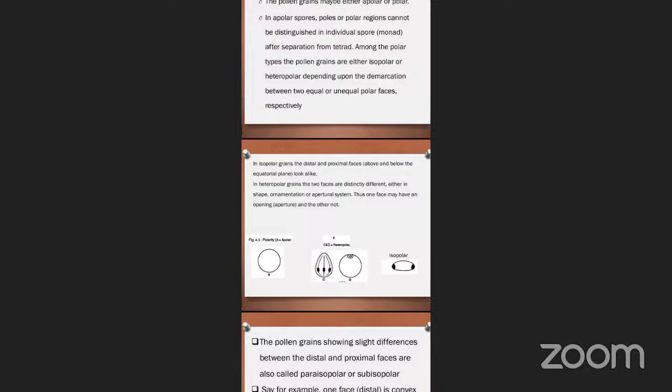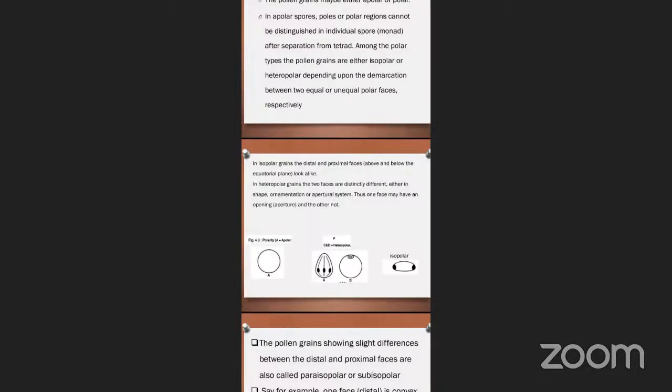If we see here, the first one is apolar. In apolar, there is no proximal and distal pole. In heteropolar, if you see here, this is the distal pole. In the distal pole, one aperture mark is present. But where is the proximal pole?